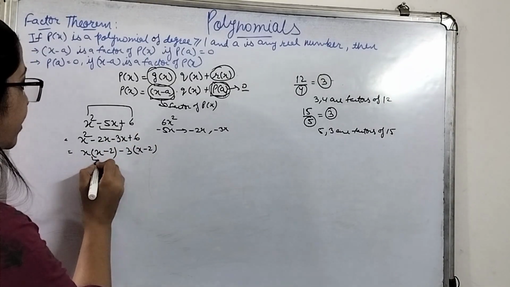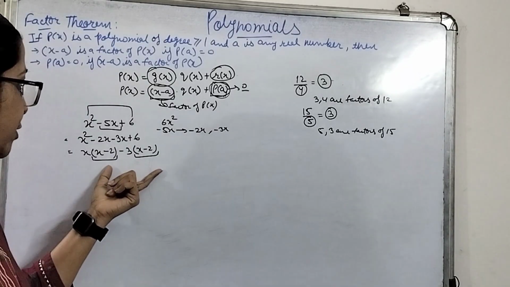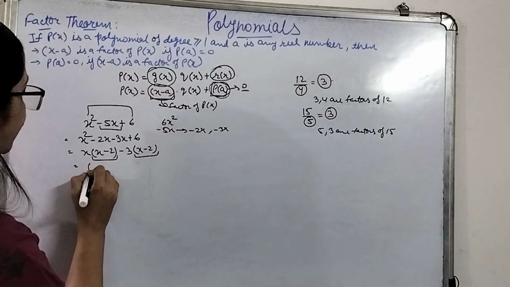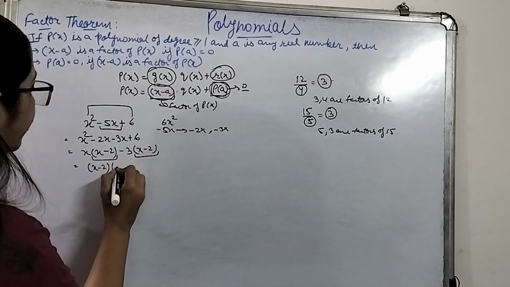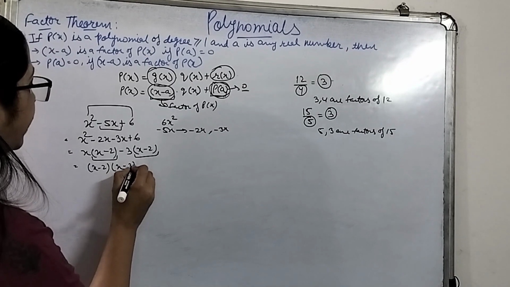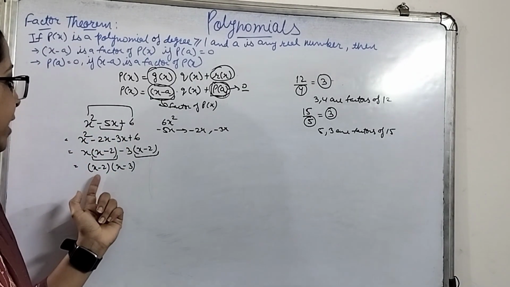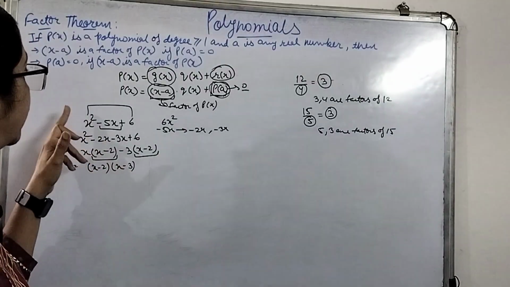Here this bracket should be the same, and it is coming the same. That means till now the procedure is right. Now from this term and this term, x minus 2 can be taken common. The remaining will be x from here and minus 3 from here. That means x minus 2 and x minus 3 are the factors of this polynomial.